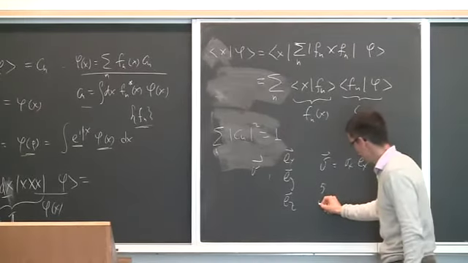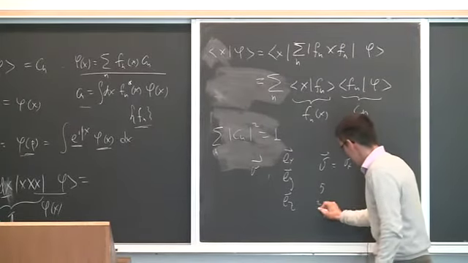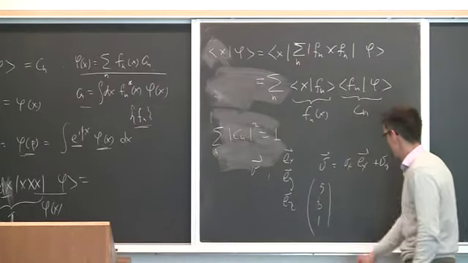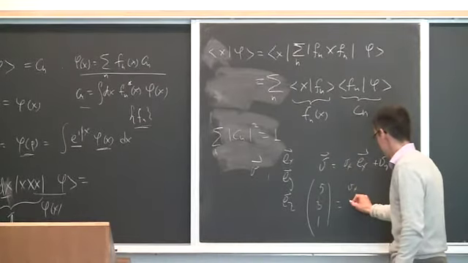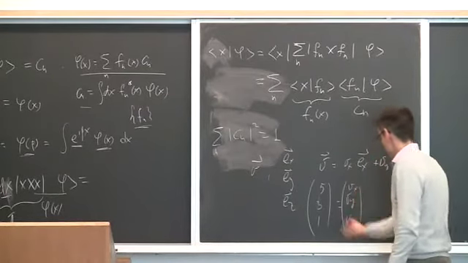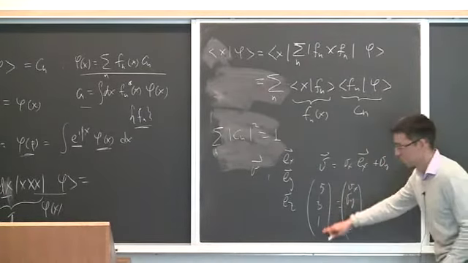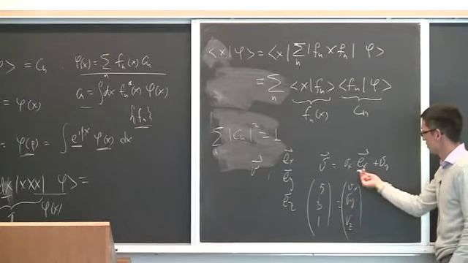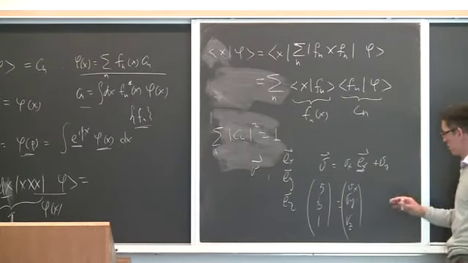Say 5, 3, 1. Those are the vx, vy, vz components. But these numbers do not mean anything without a definition of what the basis vectors are.